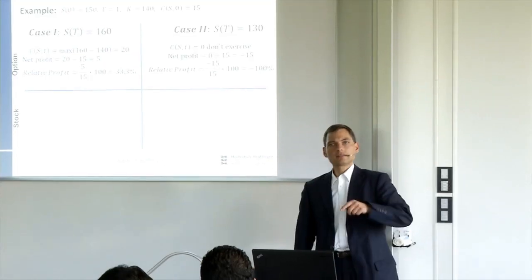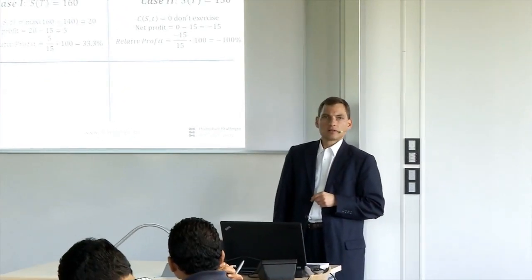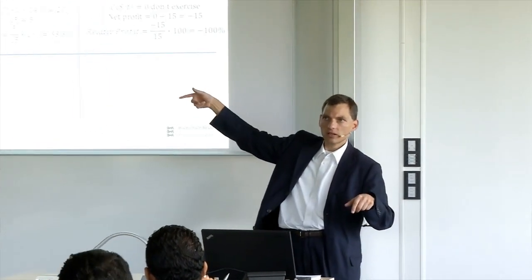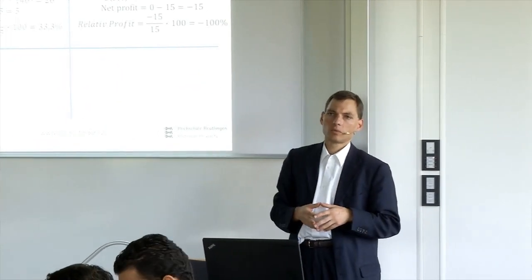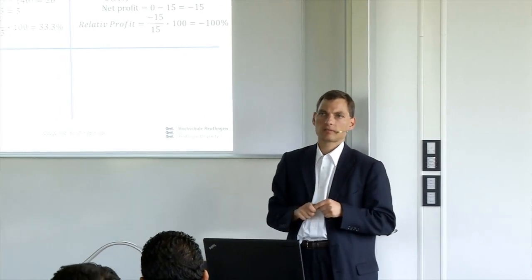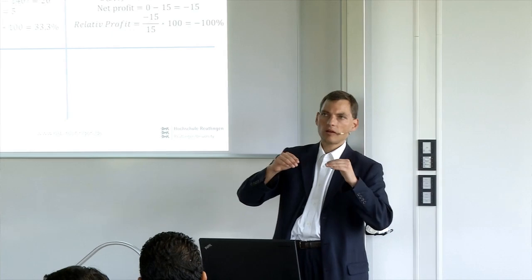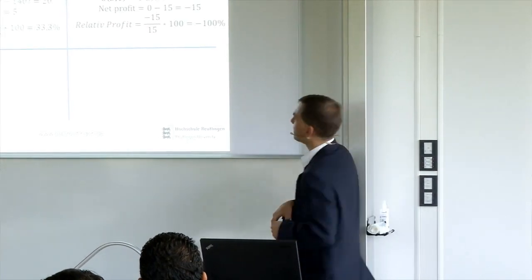Now let's study the second case. In the second scenario, the stock price at the end of maturity is 130, which is less than my strike price. We know from our payoff function that then we don't exercise.